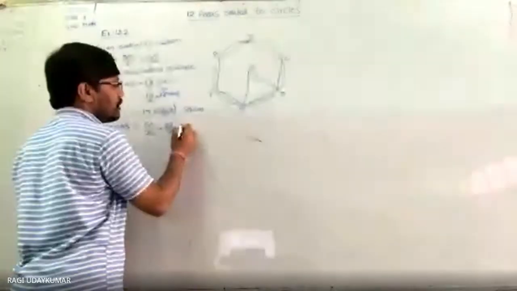So now here, area of the sector. Area of the sector OAB minus the triangle. So theta by 360 degrees into pi. The pi value is not given to you to mention, 3.14, or 22 by 7 can be taken. 22 by 7 by r square.